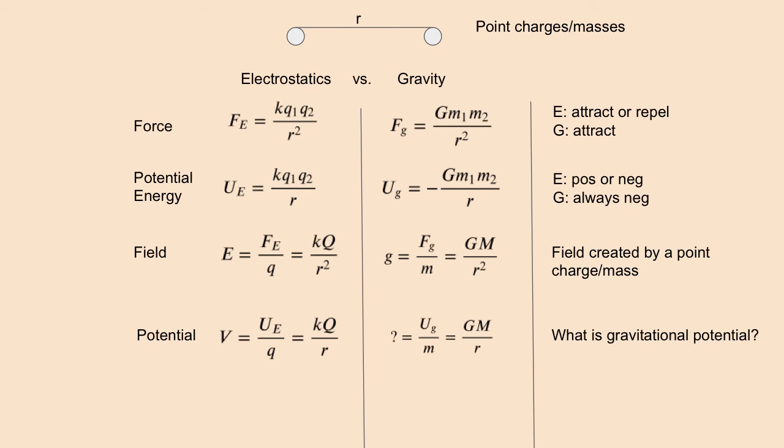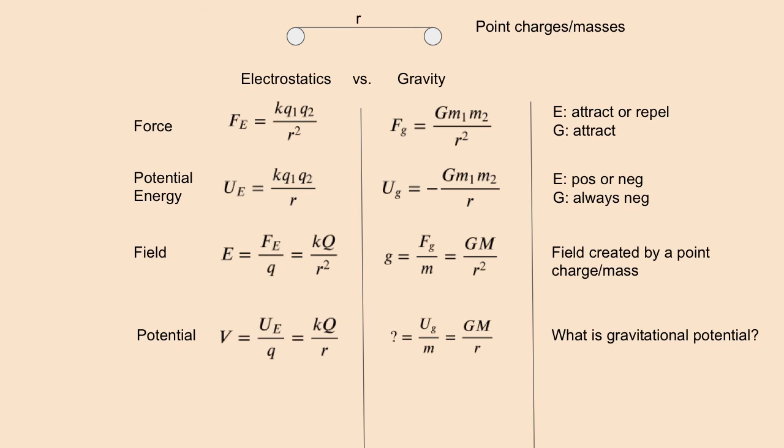All right, so for fields, we get E equals Fe over Q, right? So you just get rid of one of those Q's, so it's that kQ over r squared. And of course our gravitational field is GM over r squared, and that is a field that's created by a point mass a distance r away.